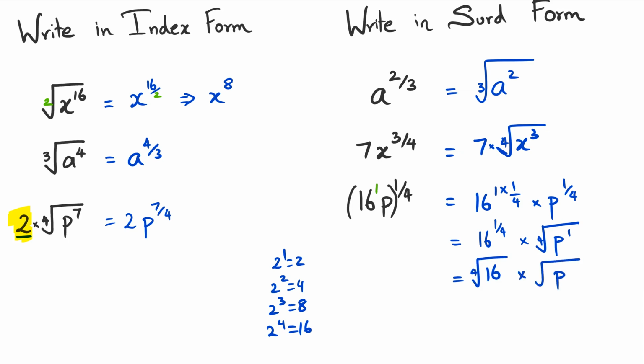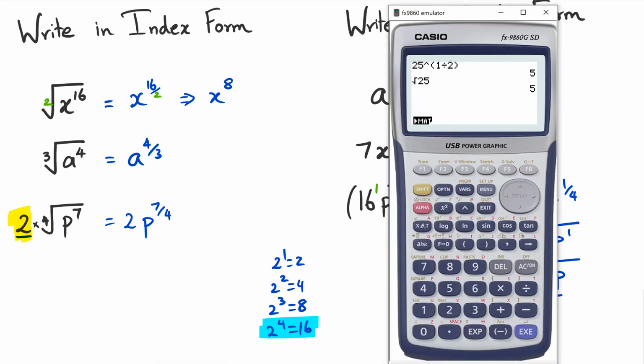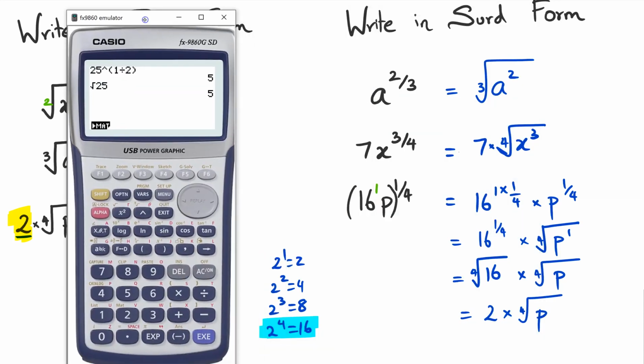I don't really need to write the 1, I'm just going to leave it as p, but I do need to write the 4 inside of it. Now the fourth root of 16, we can see that it equals 2. So I'm going to write this as 2 multiplied by the fourth root of p. Just in case you're not confident with that, you can use your calculator. You can go 16 to the power of 1 over 4, and when you do that, you get 2.